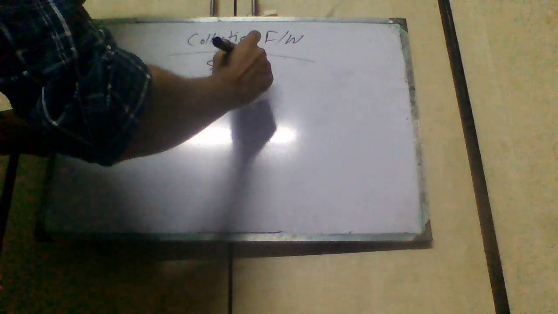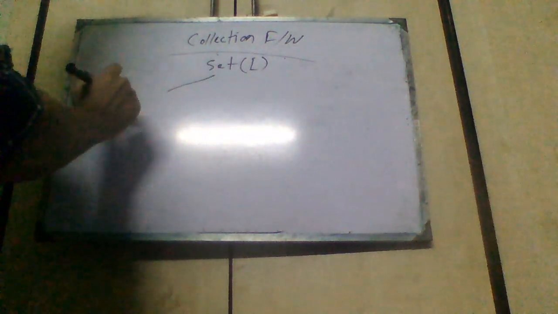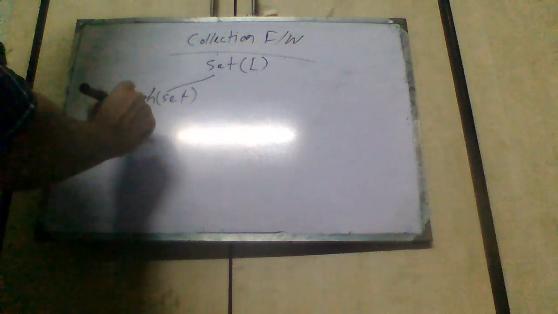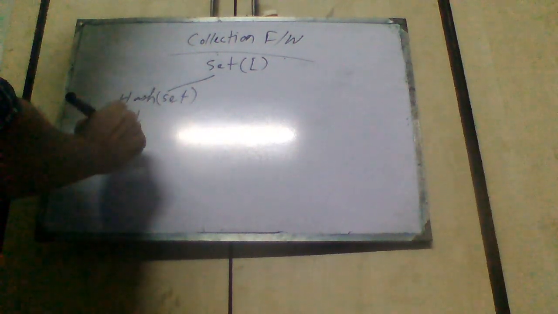Now we will learn about the classification of the Map interface. We already learned about the Set interface, and in the Set interface the classification was something like this. Number one was the Set interface, then the HashSet class, and then LinkedHashSet.